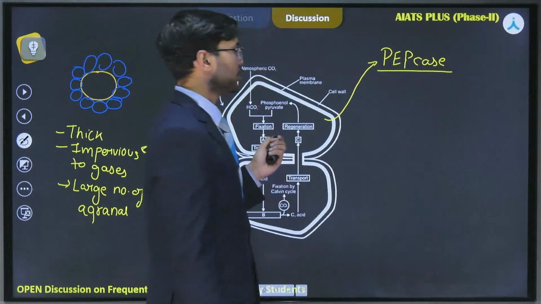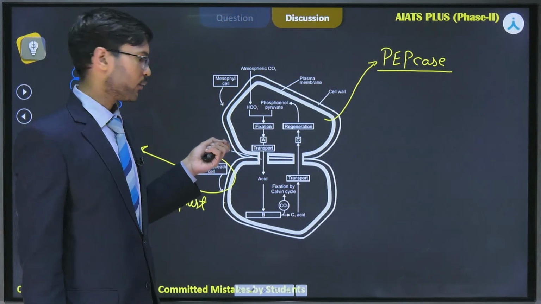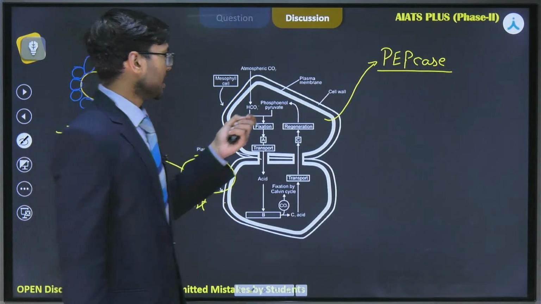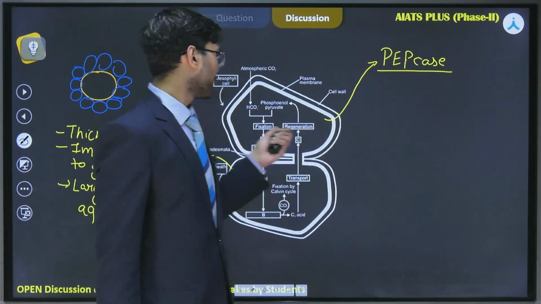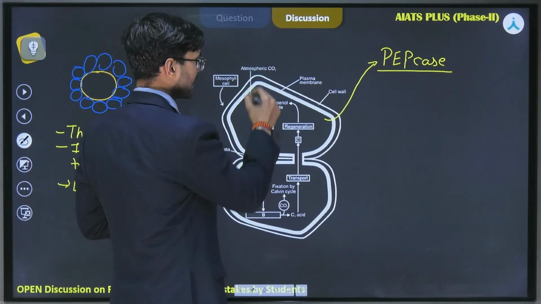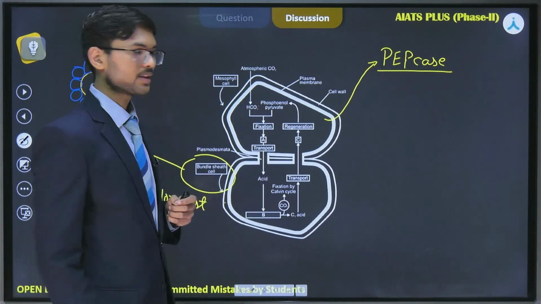This enzyme is only present in the mesophyll cell, while the bundle sheath cell lacks this enzyme.